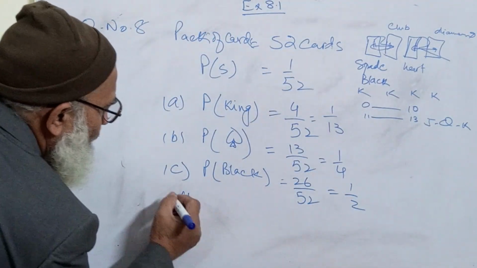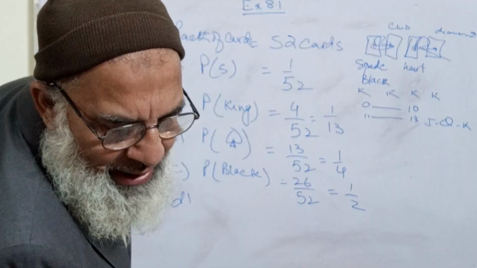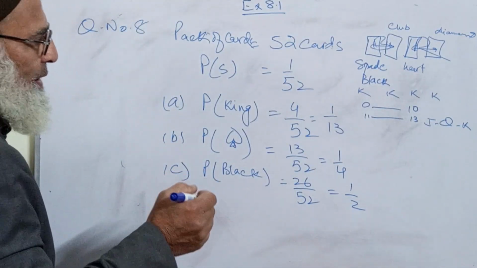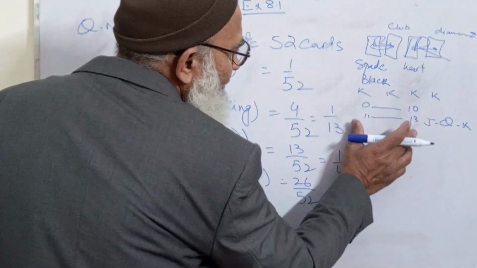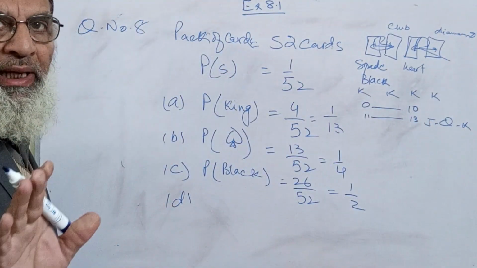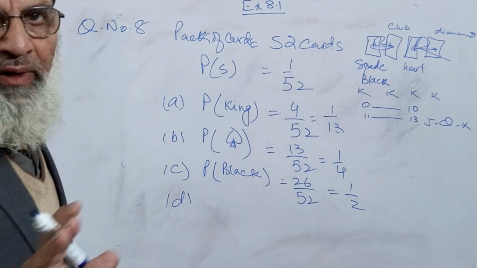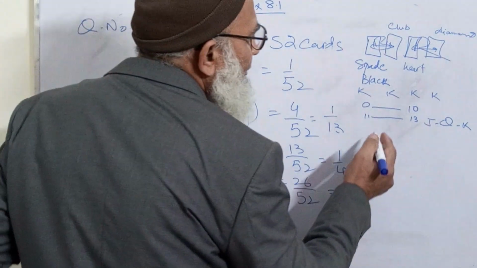And D is a prime numbered card. Now, from 0 to 10, these are the numbered cards.